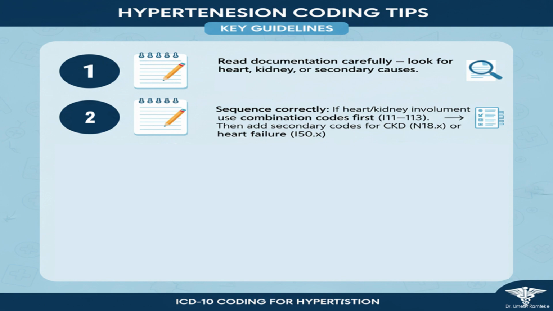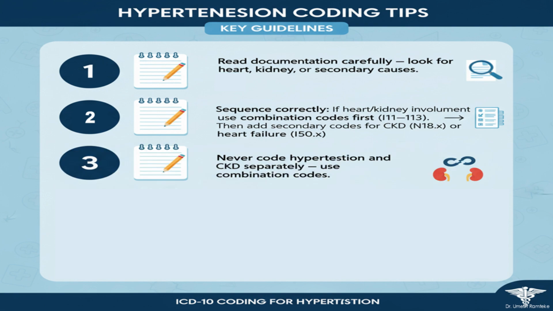Tip 2. Sequence combination codes. First, when heart or kidney involvement is present, use the combination codes I11 through I13 first, then add secondary codes like N18.X for CKD stage or I50.X for heart failure.